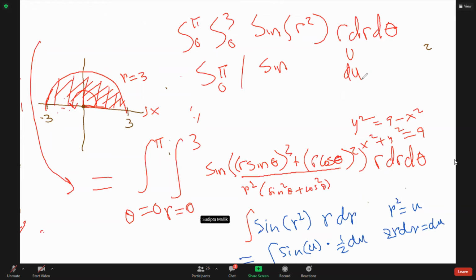Then you can integrate this. Integration of sine is what? Negative cosine. So if you integrate that, that becomes negative cosine r squared over 2. Then r goes from 0 to 3, and outside is d theta.